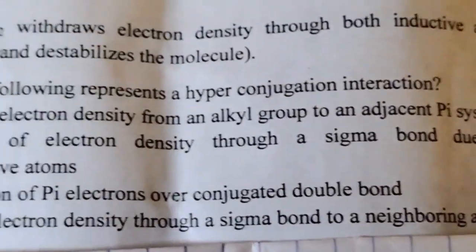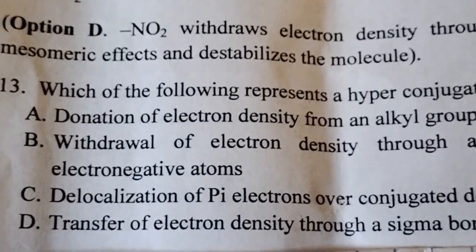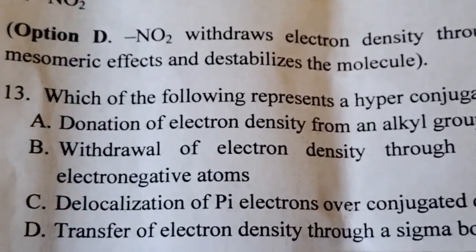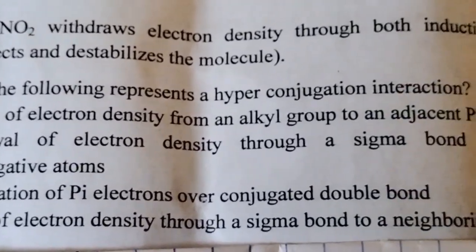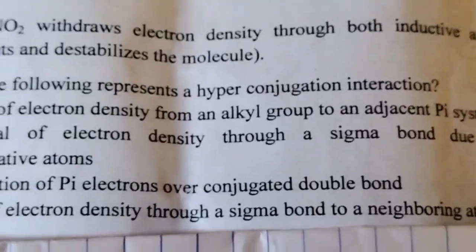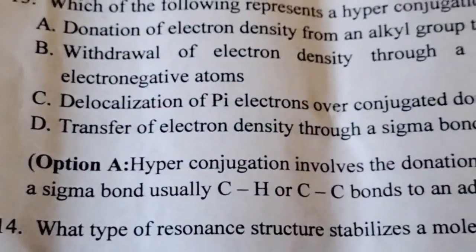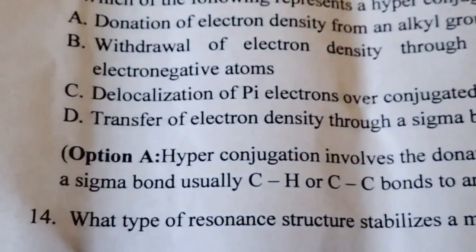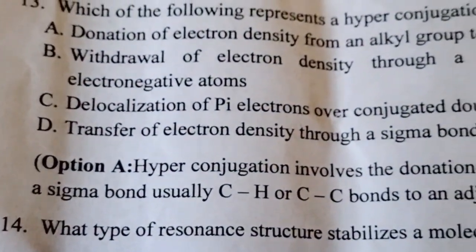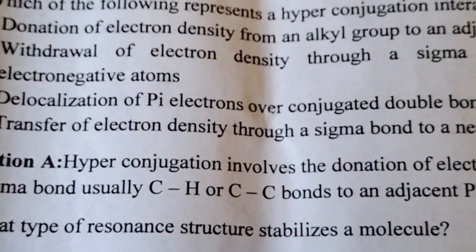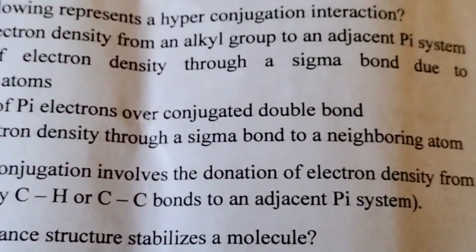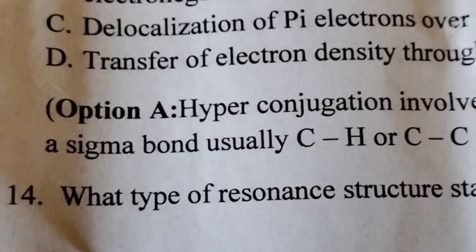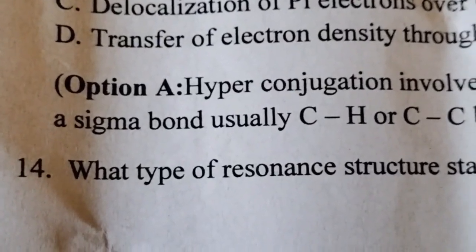D. Transfer of electron density through a sigma bond to a neighboring atom. The right answer is option A. Hyperconjugation involves donation of electron density from a sigma bond, usually a carbon-hydrogen bond or carbon-carbon single bond, to an adjacent pi system. So that is option A.